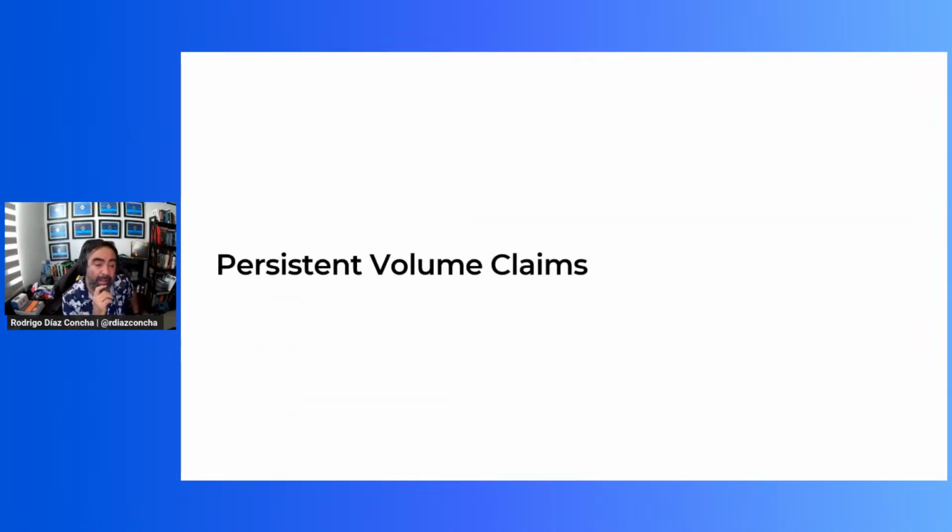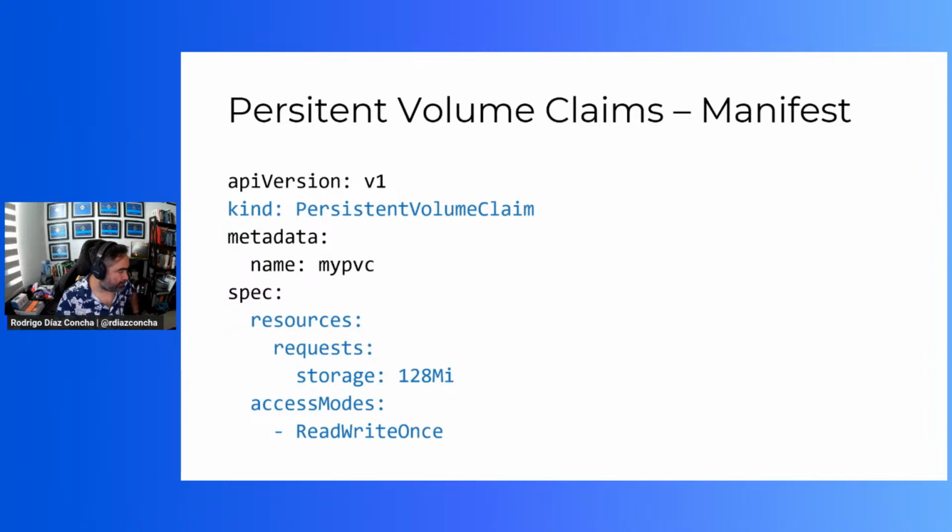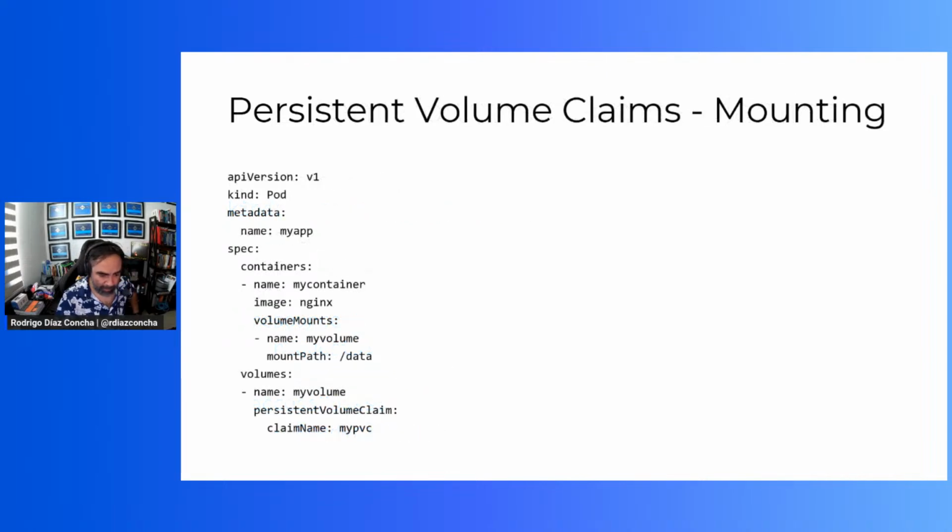And then we created persistent volume claims. Those objects are requests for storage against a persistent volume, okay? So you create the persistent volume, and inside your applications, in your manifest, you ask for storage by using a persistent volume claim. So we talked about that. And so here's an example of this.